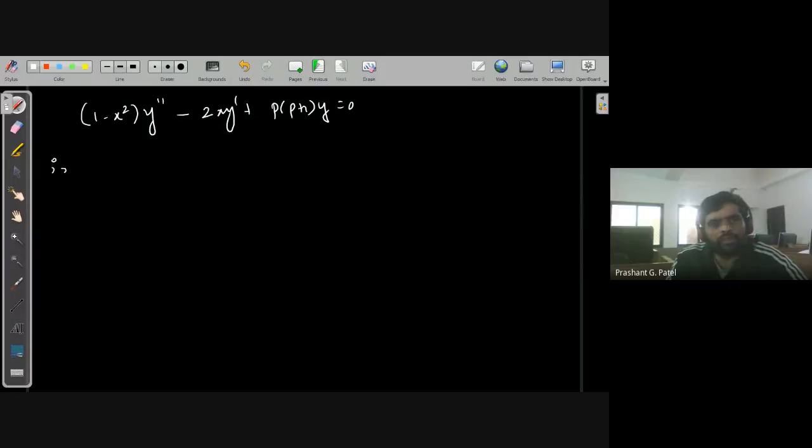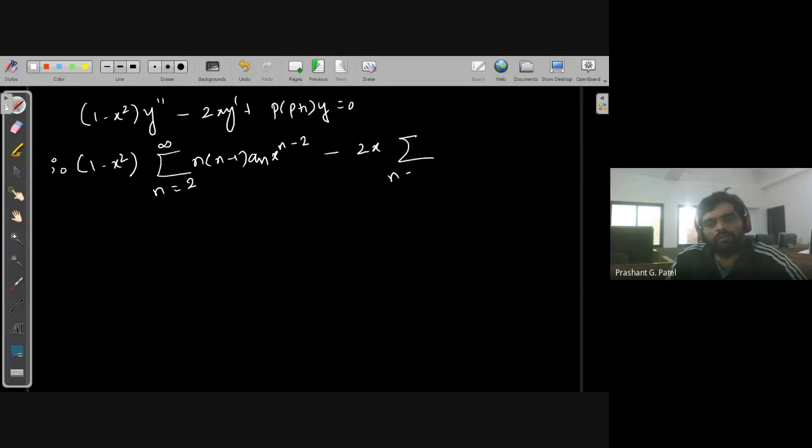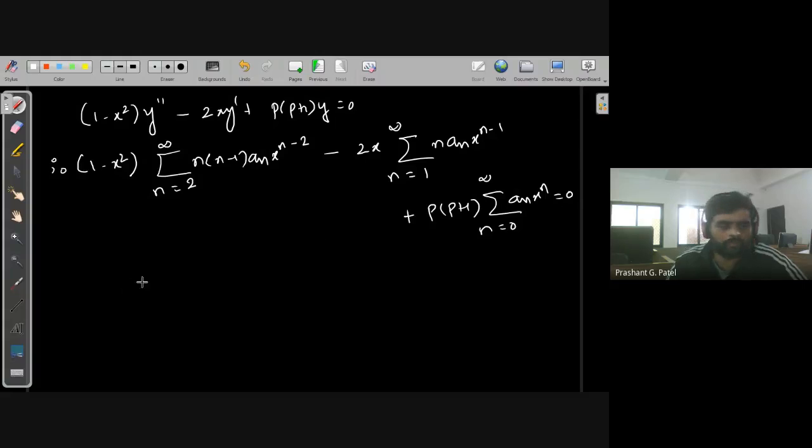So it is (1 minus x square) times y double dash, that is summation n running from 2 to infinity n(n minus 1) a n x raised to n minus 2, minus 2x times summation n running from 1 to infinity n a n x raised to n minus 1, plus p(p plus 1) summation n running from 0 to infinity a n x raised to n, equal to 0.